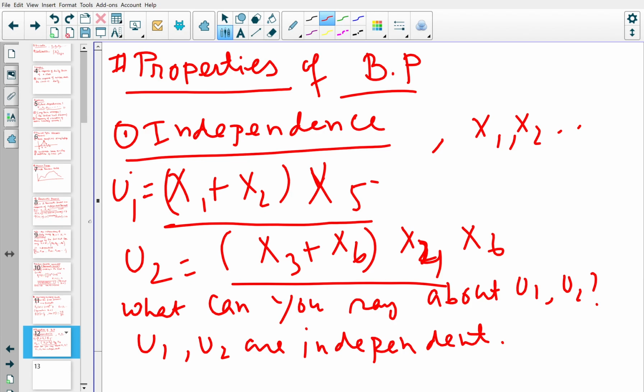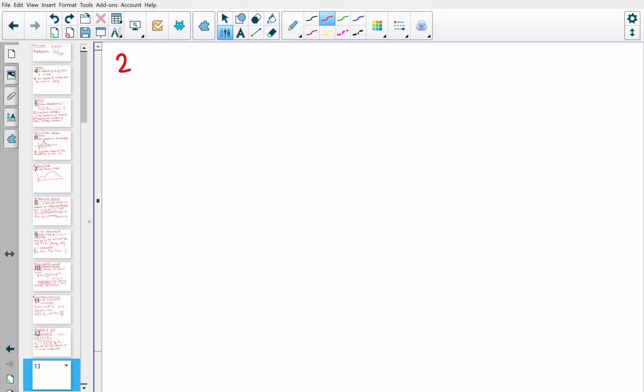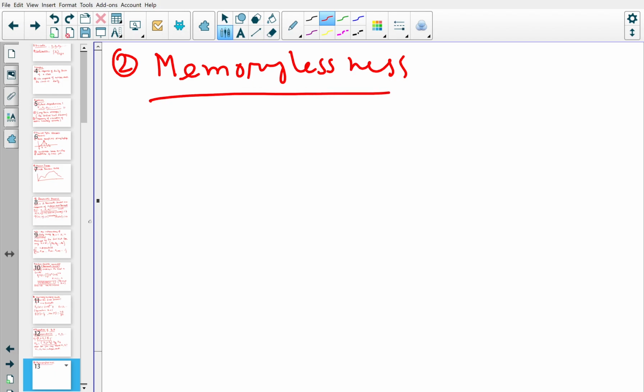Then there is one more important property, the memoryless property. What does that mean? It does not remember what is happening.